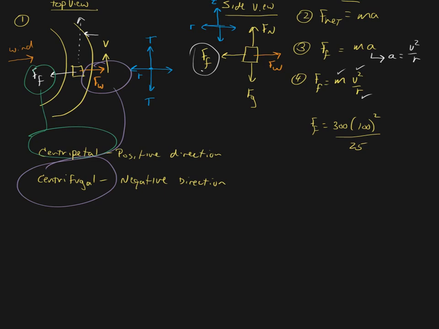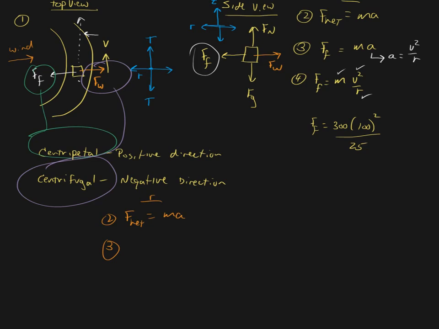So if I were going to have to set up this force equation for the scenario where there's wind blowing, then this is what I would write. We're going to have F net is equal to MA. This was step 2. And then in step 3, I would substitute my forces from the FBD. Now I've got two forces in the radial dimension. Okay, remember, we're still in that radial dimension.